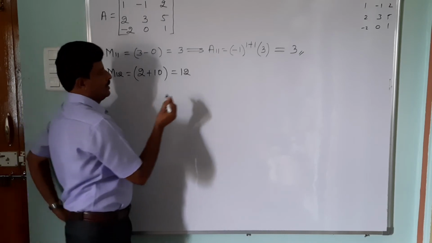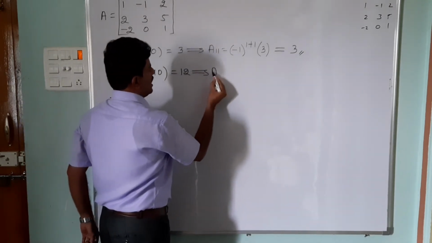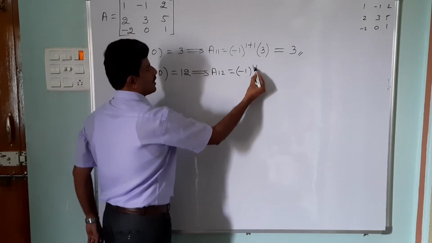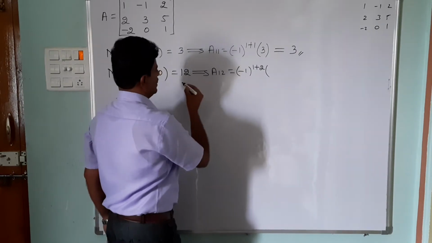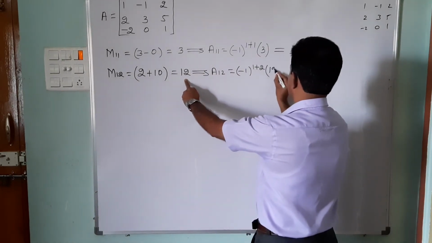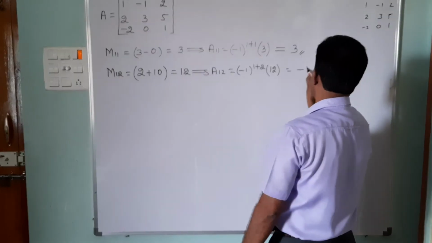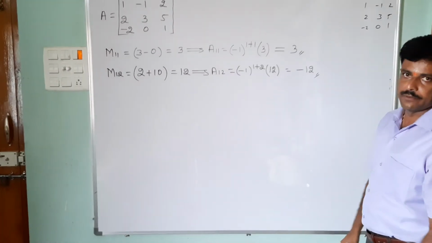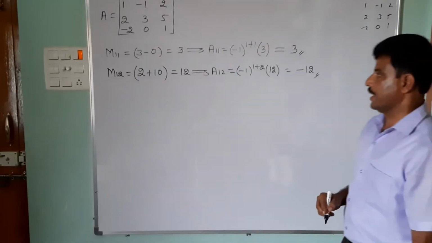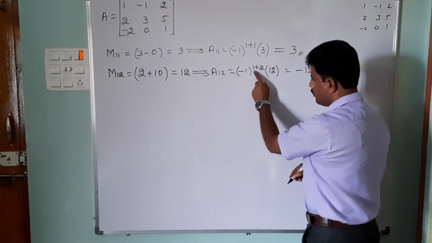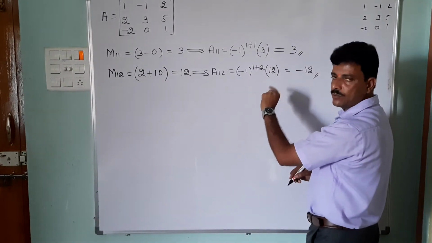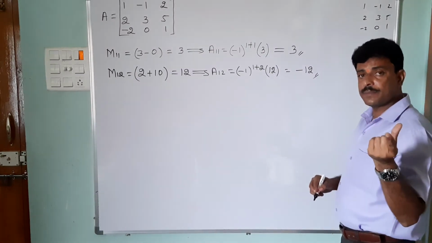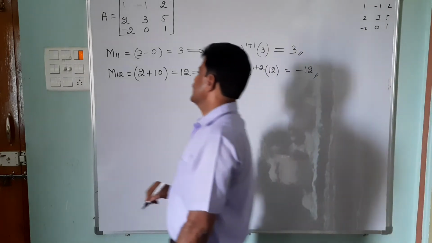Then find the cofactor: A12 is equal to minus 1 whole to the power of 1 plus 2, into the minor 12. 1 plus 2 is 3, an odd number, so it is negative: minus 12. Remember, an even number gives positive and an odd number gives negative.